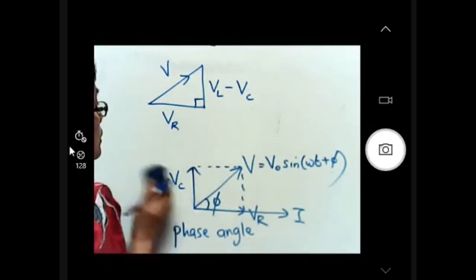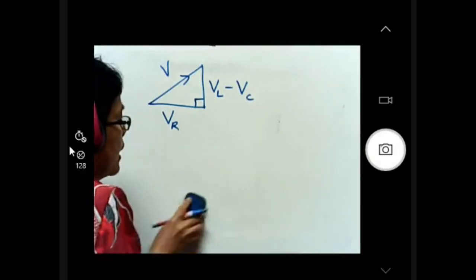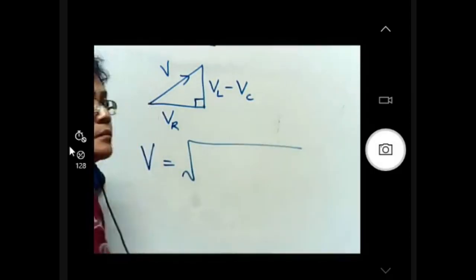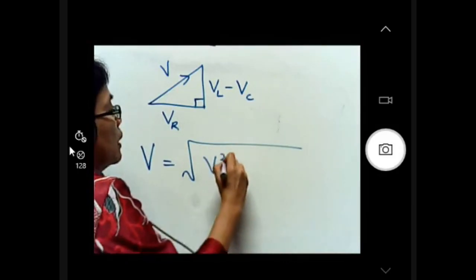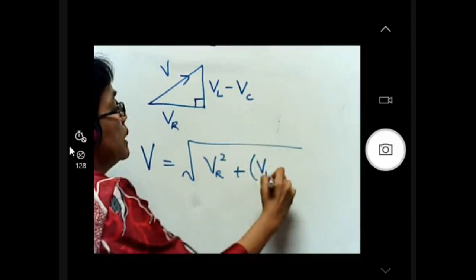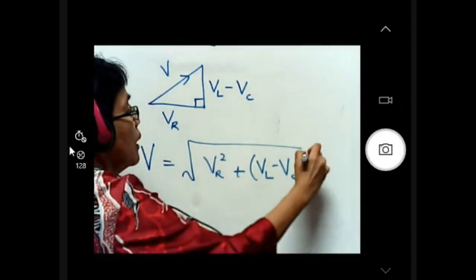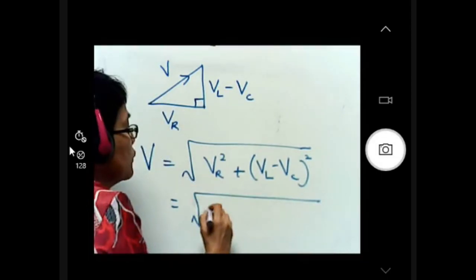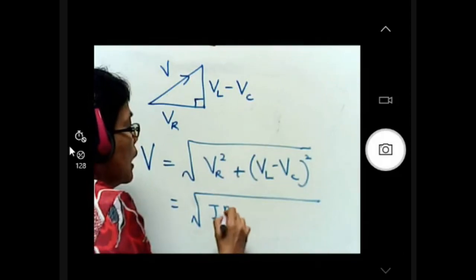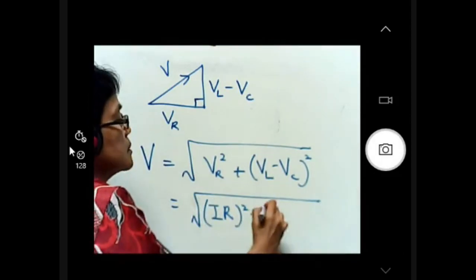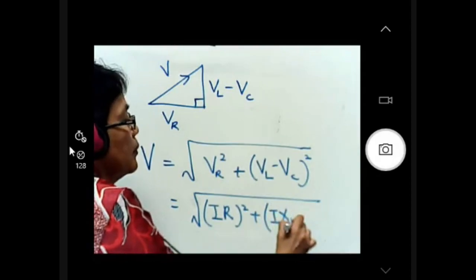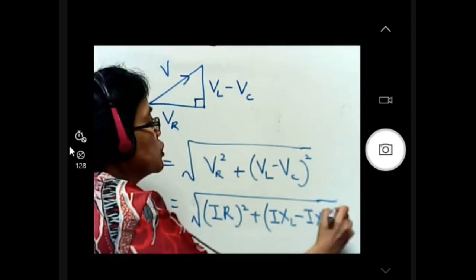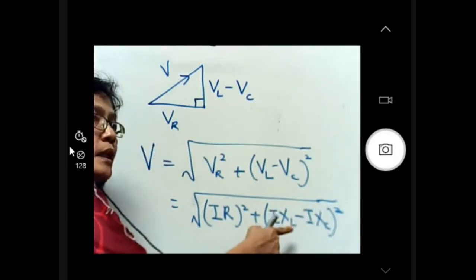Okay, so I can find my source voltage, which is the square root of VR squared plus VL minus VC squared. Simple as that. Here I can use Ohm's law and substitute with I R squared plus I XL, remember, minus I XC squared. See, where's my square? It is here. Open your eyes wide and look.